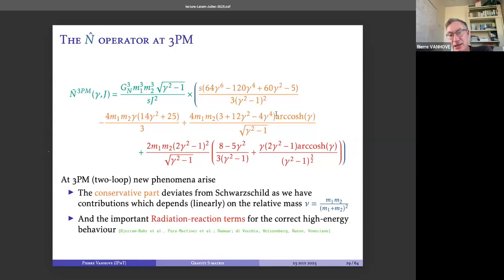Then you start seeing objects like arccosh of gamma, functions that are more complicated than square roots, and there are some logs.